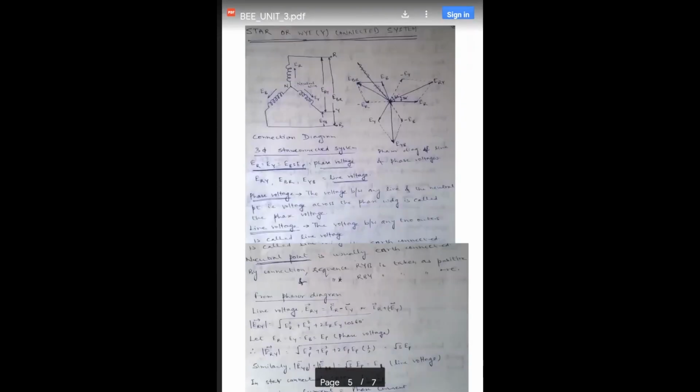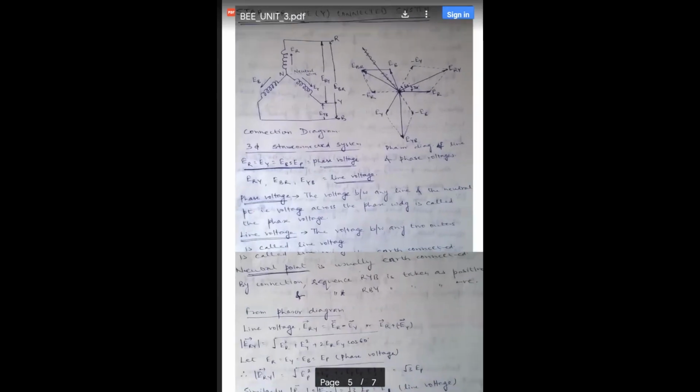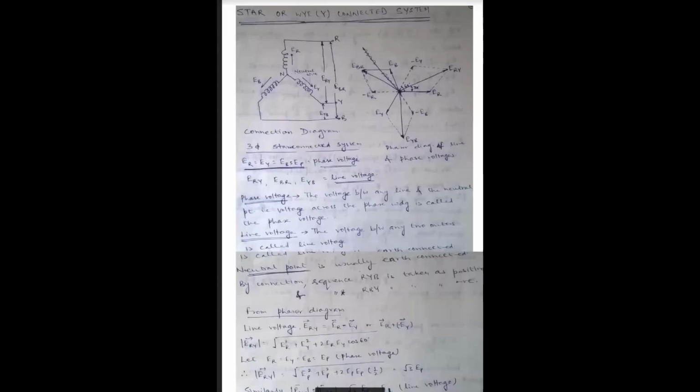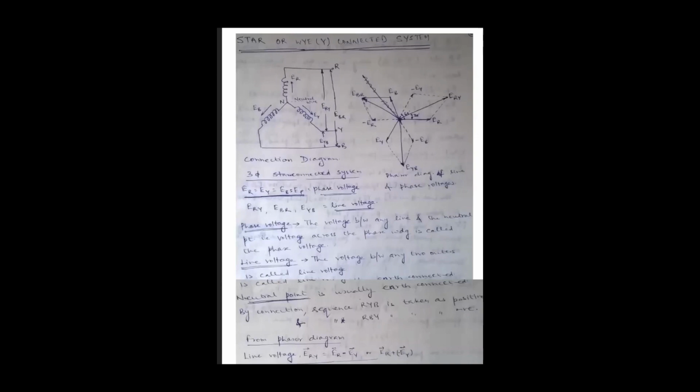This is the star connection system. Okay, supply system of star connection, and it is also known as Y connected system, as we have discussed in unit 1 also. So this is the circuit, this is the connection diagram, and the next part is its phasor diagram. So we will understand both of these things one by one.